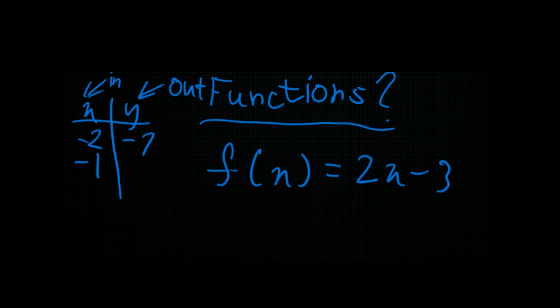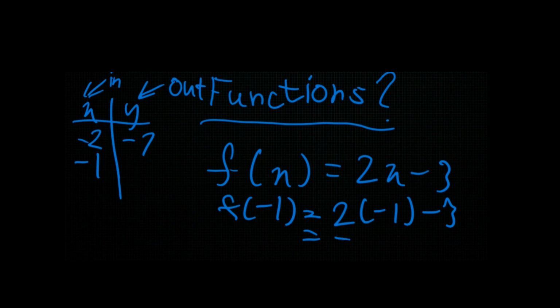Now let's try negative 1. That will be 2 times negative 1 and minus 3. 2 times negative 1 will be negative 2, and minus 3 will be negative 5.